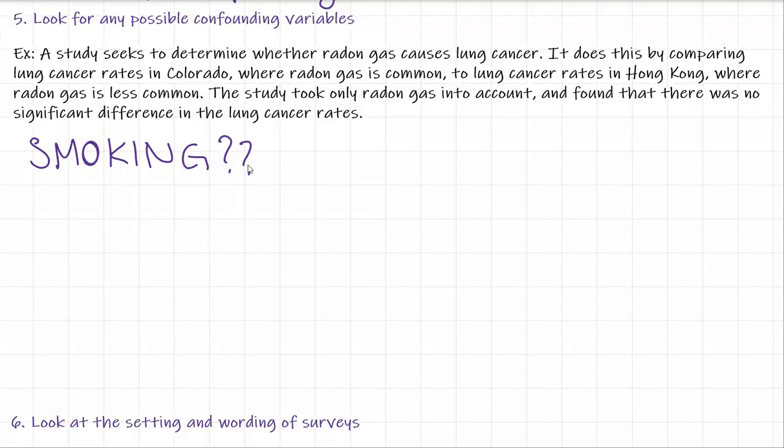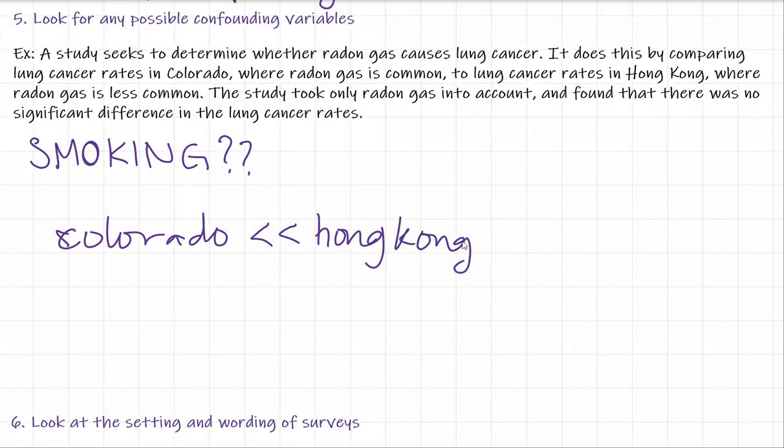But they didn't realize that smoking in Colorado is significantly less than smoking in Hong Kong. So even though radon is non-existent in Hong Kong, the smoking in Hong Kong is way more prevalent than it is in Colorado. Okay, so that study messed up big time.